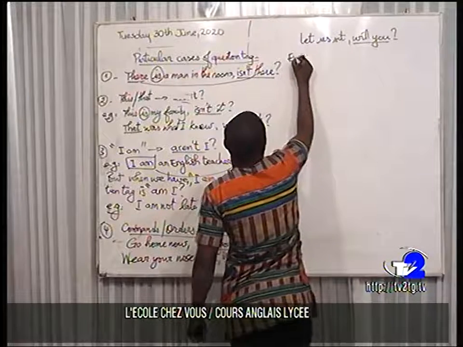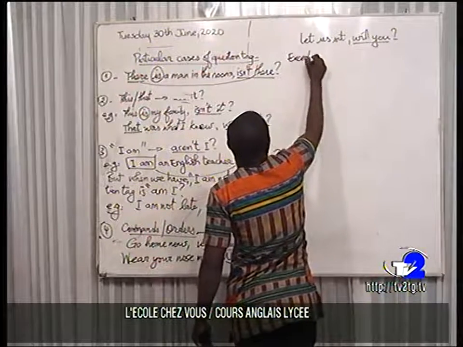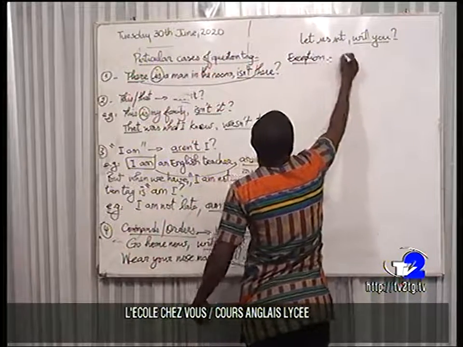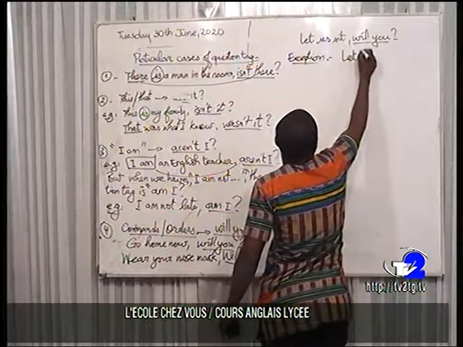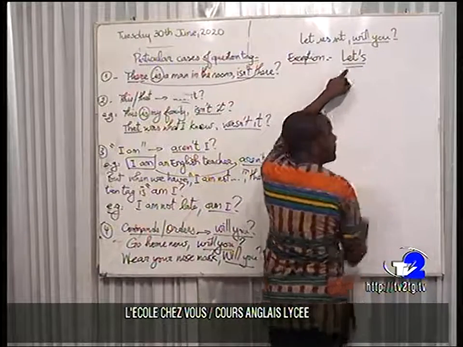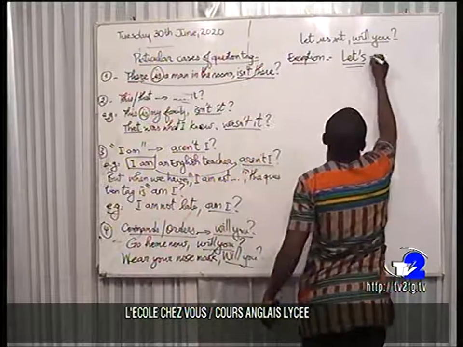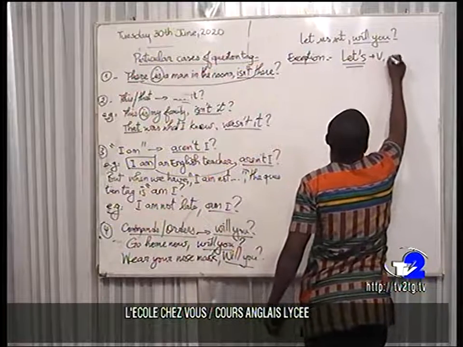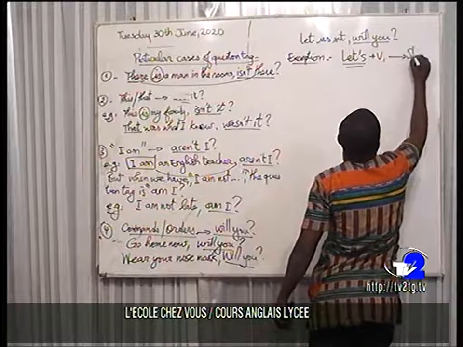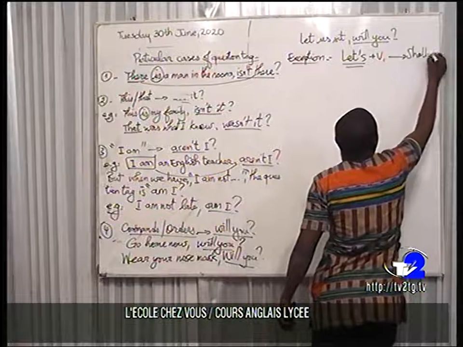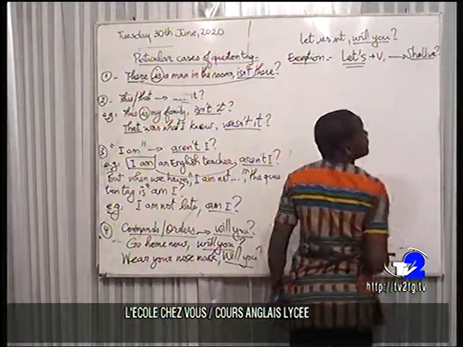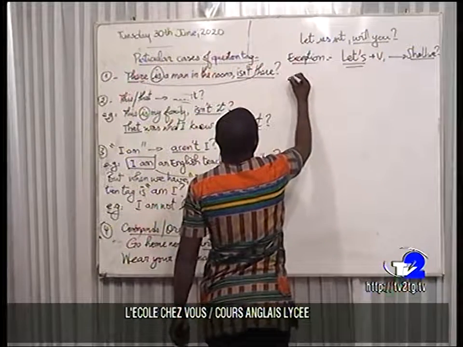But we have an exception when we use the contracted form, "let's". Please look at it very well. When we use the contracted form, let's plus verb, its question tag is "shall we".